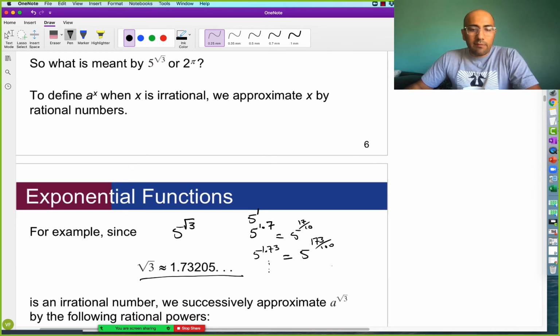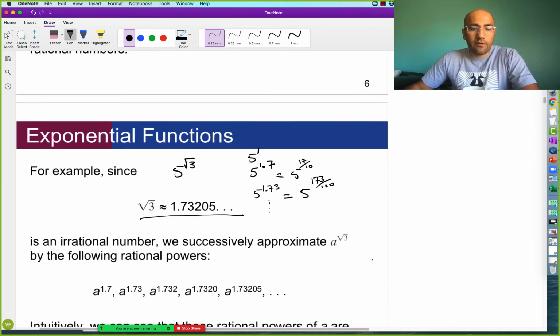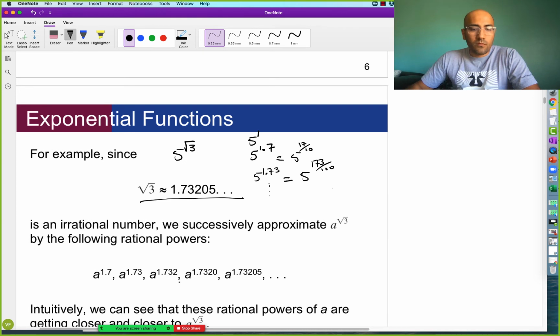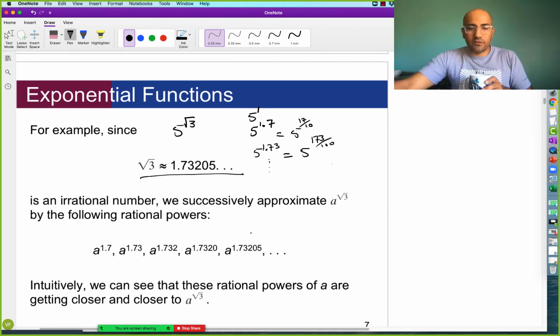So we keep going, and eventually we'll see a pattern as these begin to approach the real answer we're looking for. Does that make sense? Any questions?